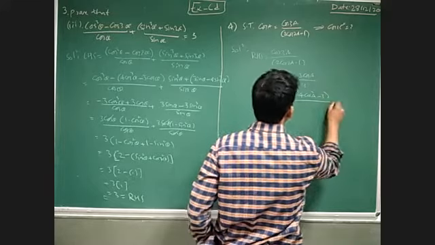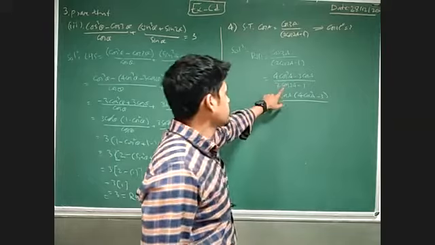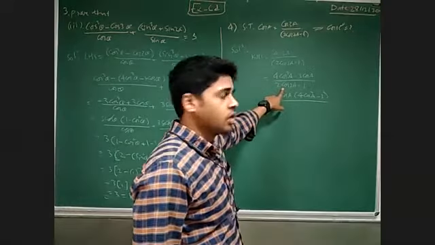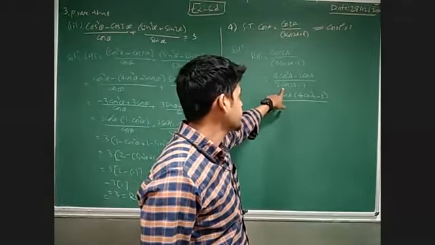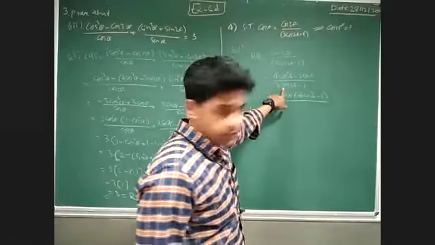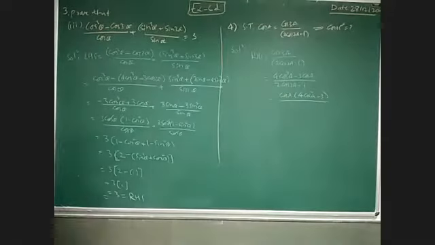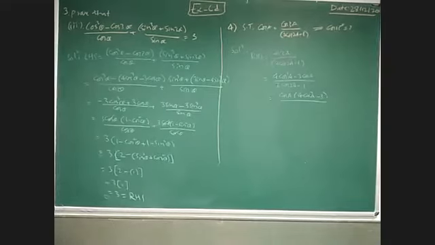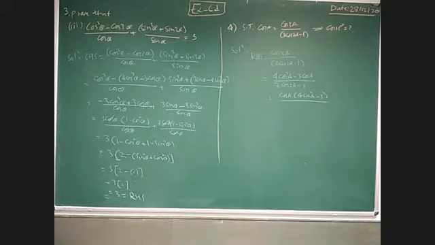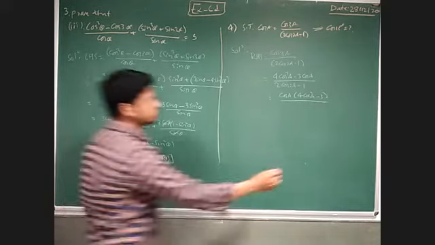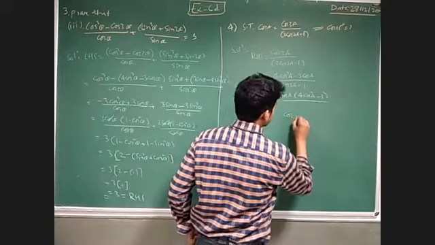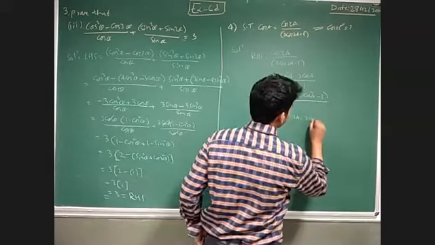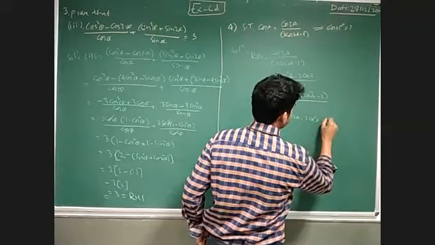Okay, now you know the formula of cos 2A, can anybody tell me cos 2A? See here, cos 2A is nothing but 2 cos square A minus 1.